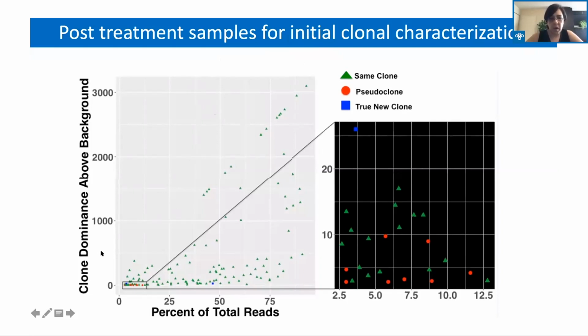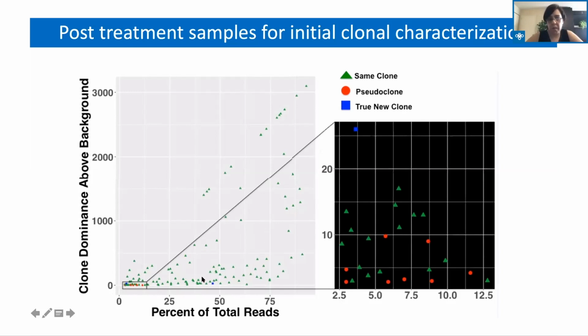And what we do find is that in those samples, if you're not paying attention to the amount of disease they have, if they have very little disease and the clone is not dominant enough, you can end up at that low level with a high amount of pseudoclones.